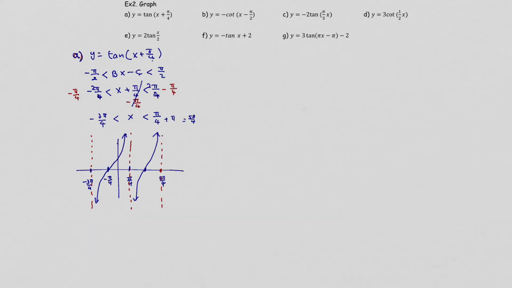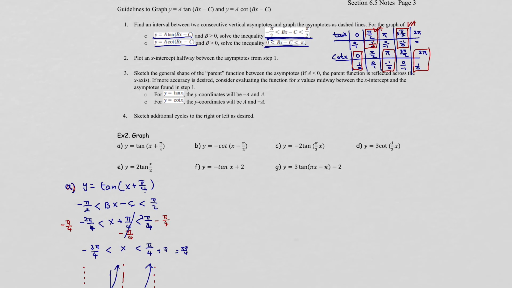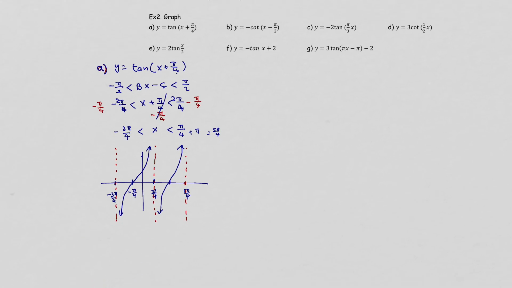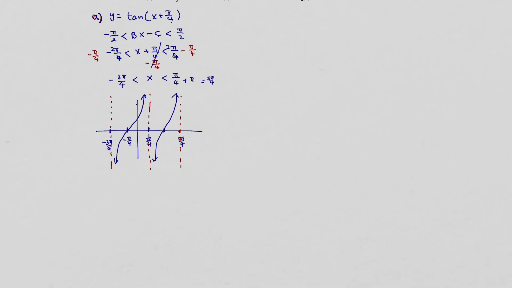Another way of doing the same graph is using the chart that I was mentioning, this chart right here. Using this chart, we should be able to find the 5 points. Let me show you how I will do that.